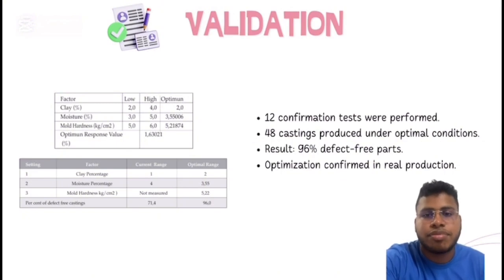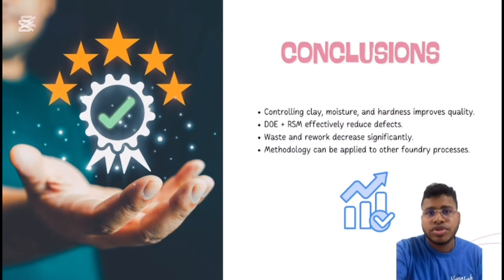To conclude, this study demonstrated that controlling the clay percentage, the moisture percentage, and the mold hardness is essential to improve the quality of the casting process. The use of design of experiments combined with response surface methodology allowed the researcher to identify the optimal condition that reduced the defect rate significantly.